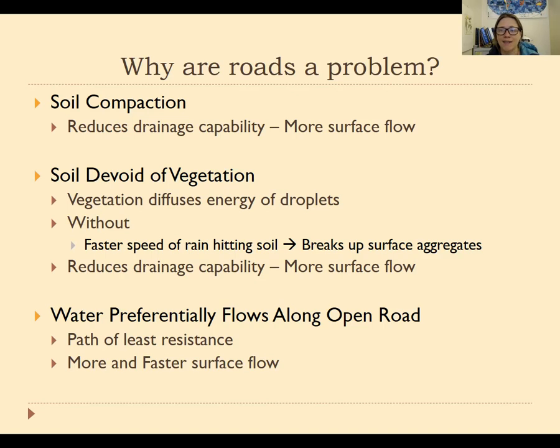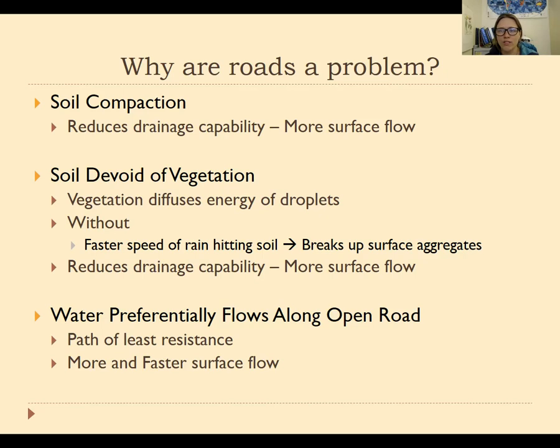So it's really impacting the rate at which the water is eventually hitting the soil. And as we talked about already, that's going to influence whether any soil aggregates or soil is going to be dislodged, broken down, and vulnerable to be moved off site. And then, of course, this is all going to lead to limited drainage, and then that's going to lead back to more surface flow, as we talked about above.